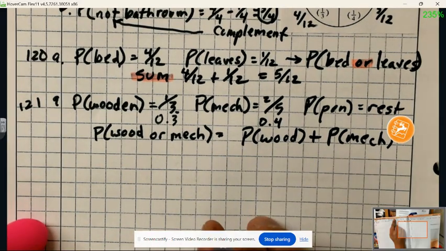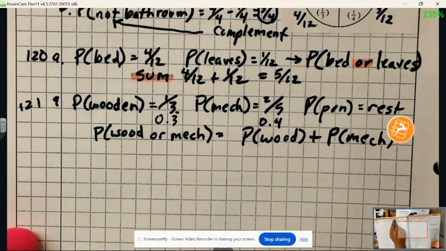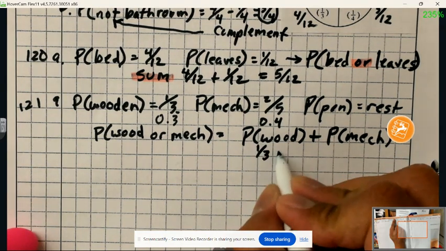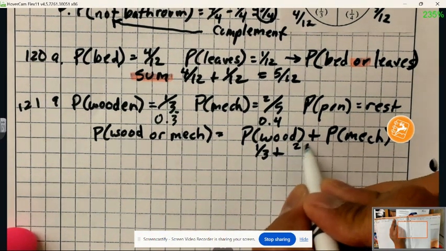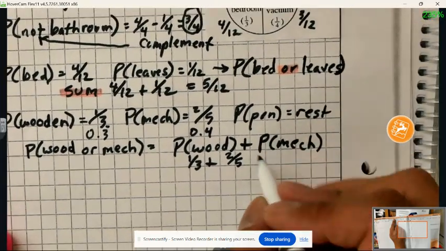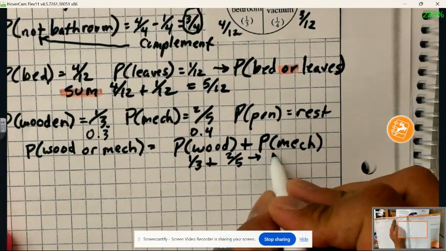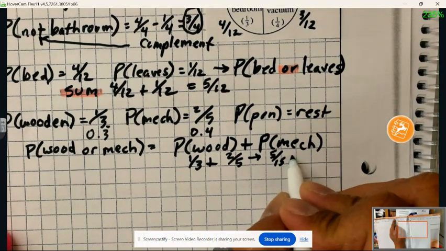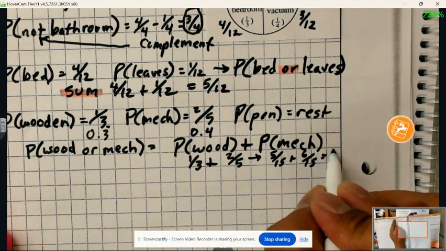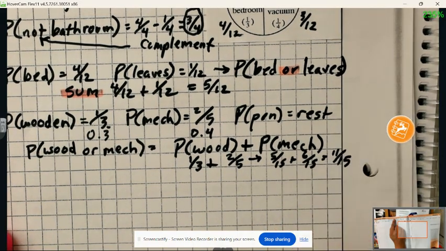Right? And that would give us 1/3 plus 2/5. We would just change those to having a common denominator. That would give us 5/15 plus 6/15, which is 11/15.